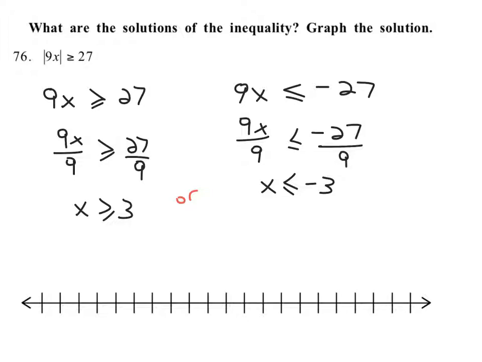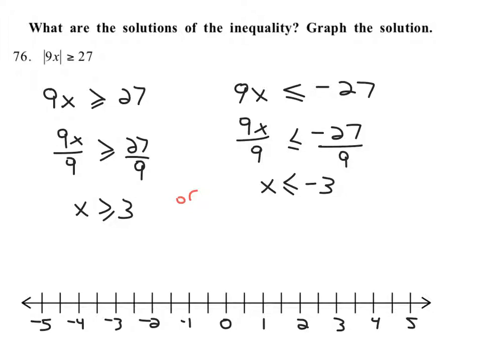Put an endpoint at 3. I've got to label the points here. Let's say that this is 0, 1, 2, 3, like that. And this is negative 1, negative 2, negative 3, negative 4, negative 5.